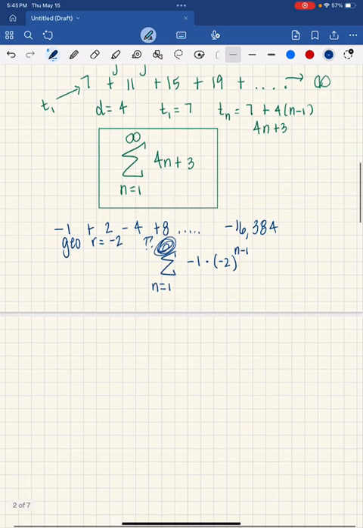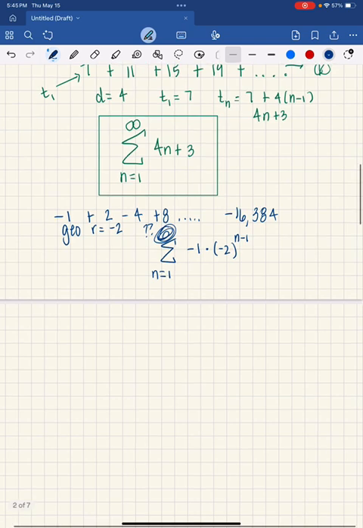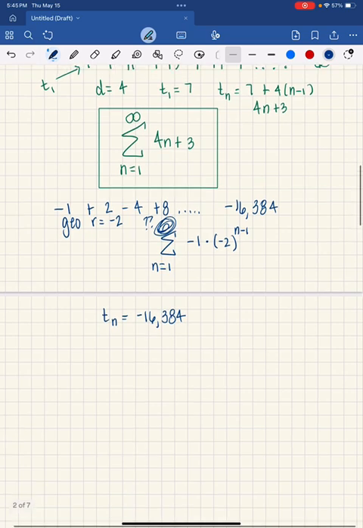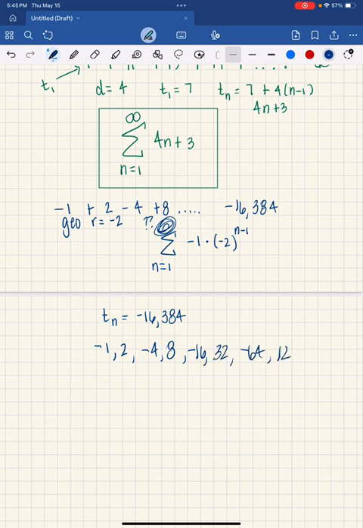Logs. So I did a little bit of review of logs on Wednesday. I know that the nth term is negative 16,384. So I'm in the list, -1, 2, -4, 8, -16, 32, -64, 128, and so on.